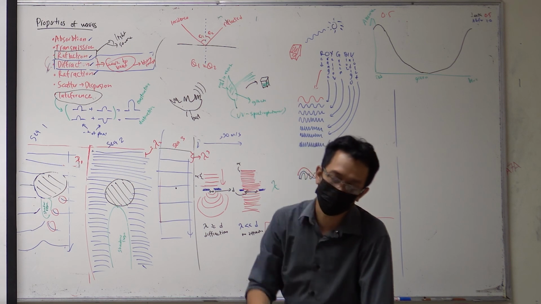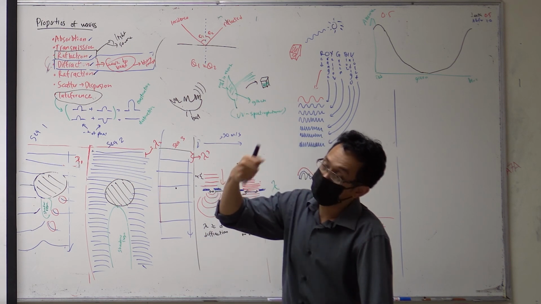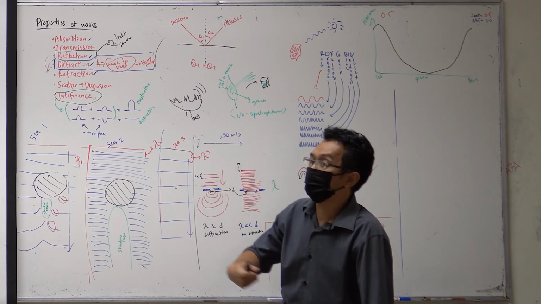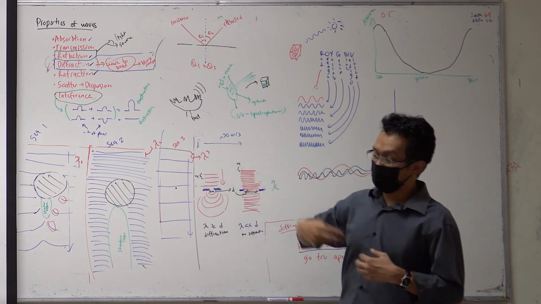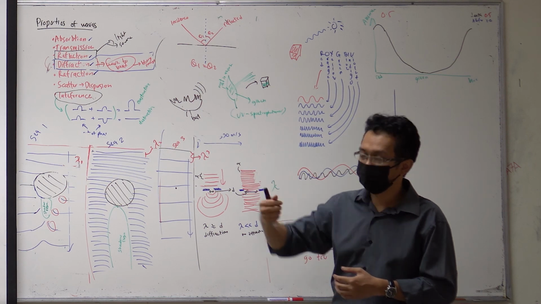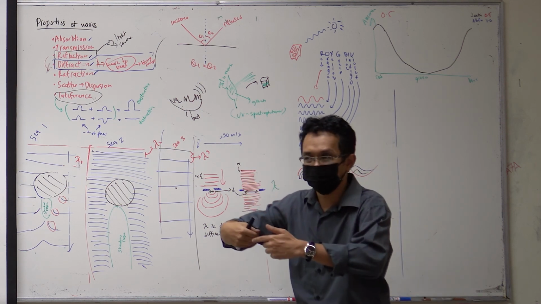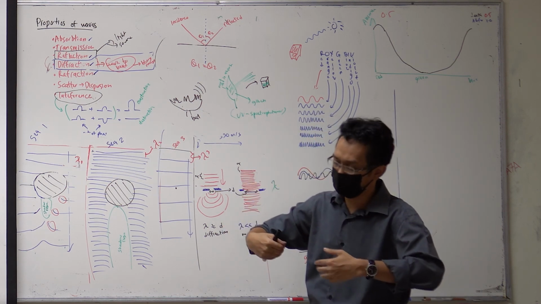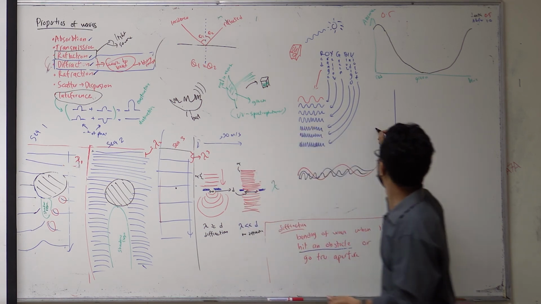If you are pregnant later on, they use ultrasound to see whatever is inside, because something that is dense, for example the baby's bones, will reflect faster.